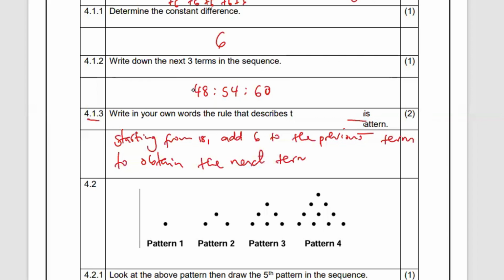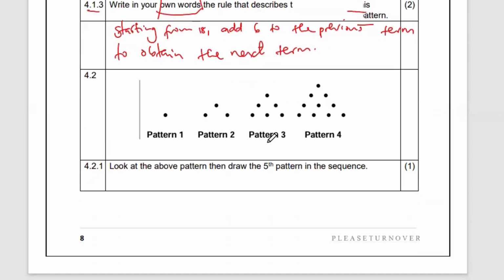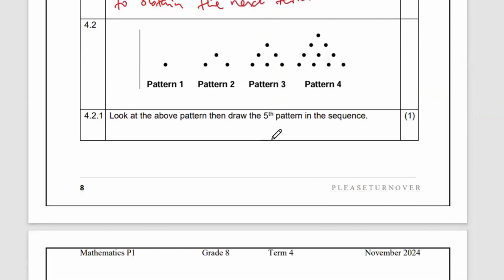So that is the description that we would want in this case, for as long as they talk about the words, then just use the constant difference and what is happening. Okay. Some learners might just say we must add 6 to the previous for us to obtain the next term. That is perfect.